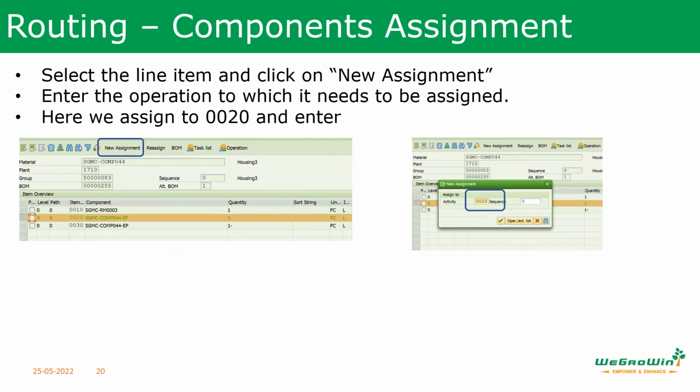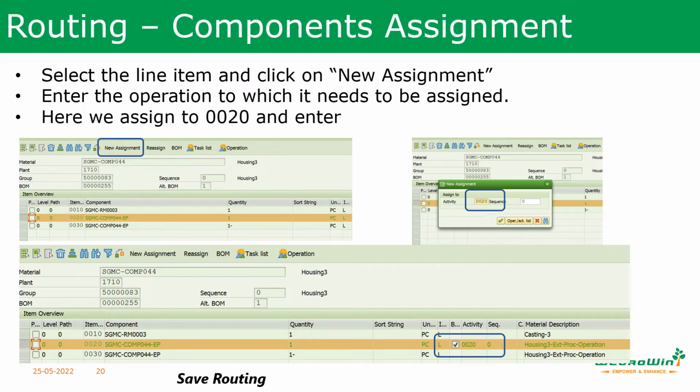Because in operation 10, when we consume the raw material, phantom has to be created, right? So raw material one piece will be consumed, phantom has to come into stock. So there it will be -1. So -1 and the raw material should be in the first operation only, but the +1 you put it in the operation 20, because that should consume this component what is required there. That is why I put the 20 there.